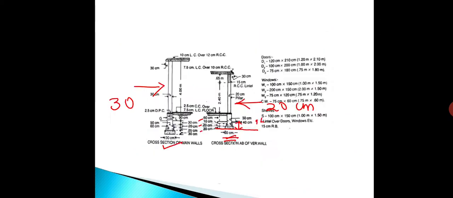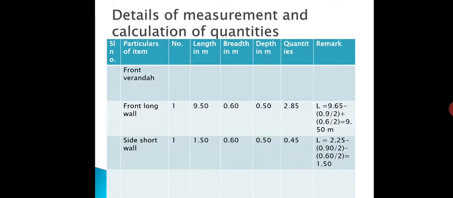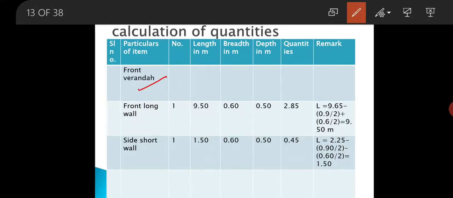Clear? Now we will move to the details of measurement form. For the front veranda, the first one is the front long wall. The number of long wall is 1. Length is 9.65 from the center to center length, minus half of the width from one side and plus half of the width for the other side.